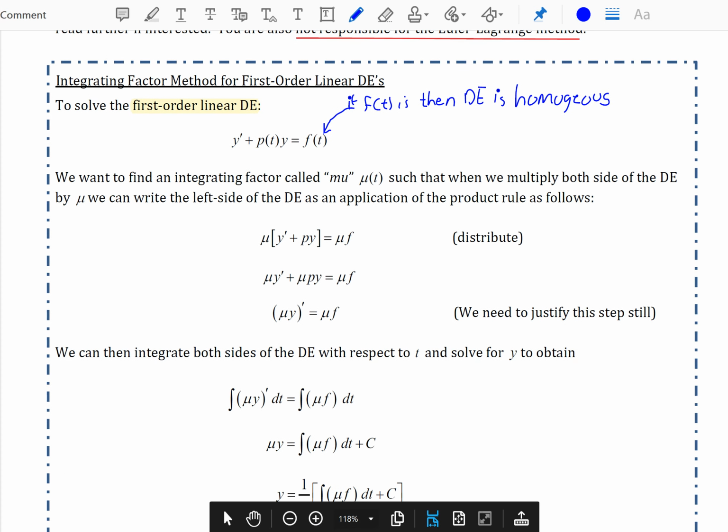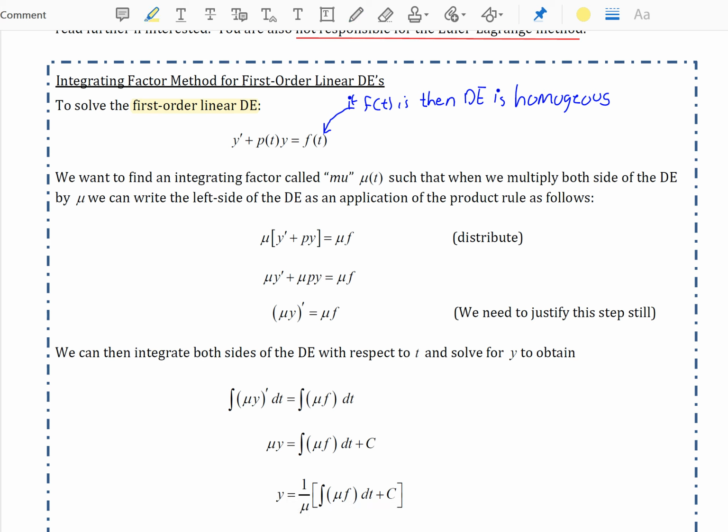Now, we want to find what is referred to as an integrating factor called mu, or mu of t, such that when we multiply both sides of the dE by mu, we can write the left-hand side of the dE as an application of the product rule.